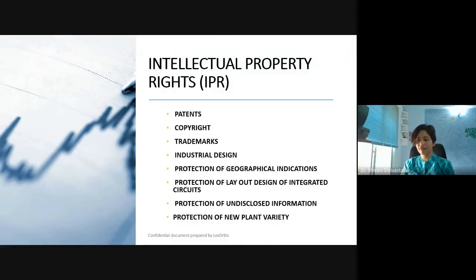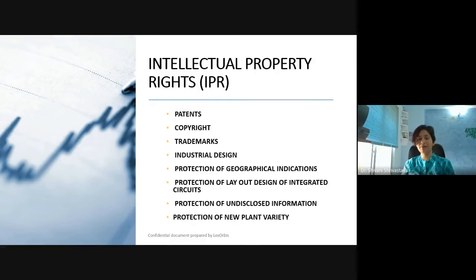If it is related to a product, we cover all the features of the product and the functions, how it works. But when we are talking about industrial design, we cover only the look and feel of the product, how it looks. Sometimes there are special designs and they have aesthetic value. Just because of design, you can see there is a lot of sale.